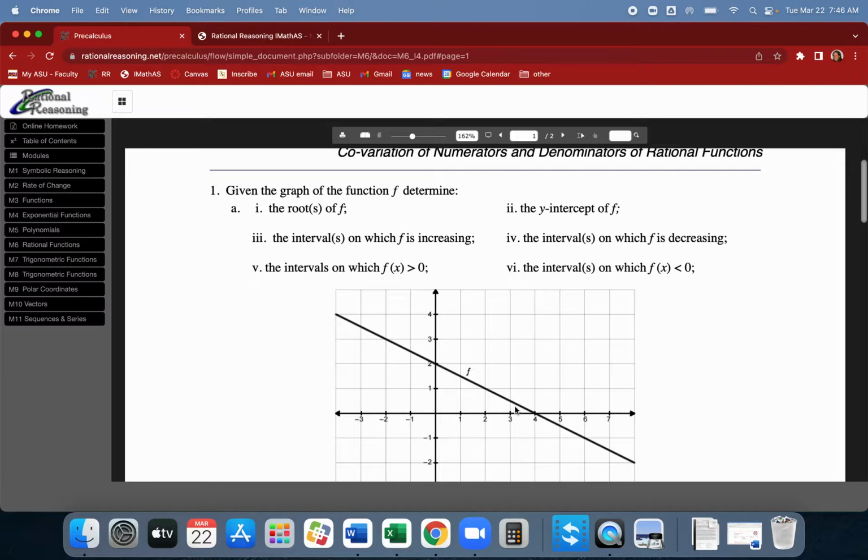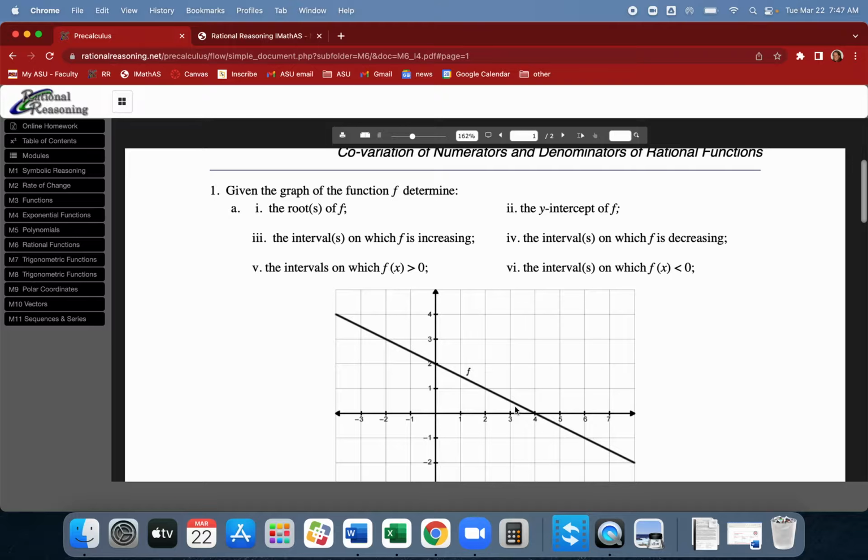So if I wanted to say where is f of x less than 0, well, that's the rest of the domain, right? What we haven't talked about here, it's the stuff past 4, right? So if I want to know, where is f of x less than 0?